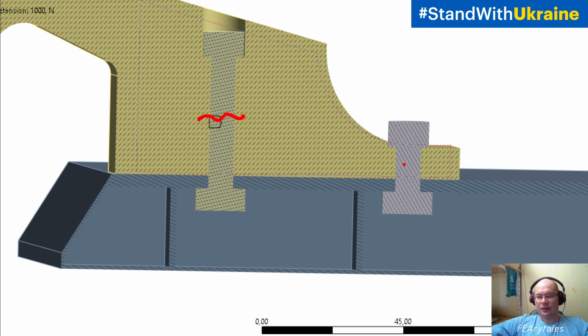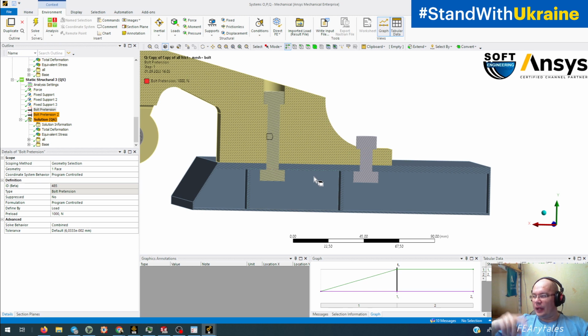They slice our bolts, delete some material, make some gap, and add a spring here, or add a force here. And depending on the way we create this preload, this bolt pretension, we can obtain very different results.